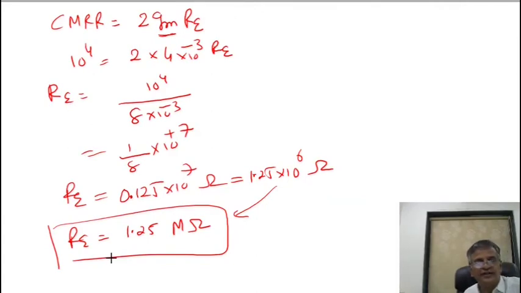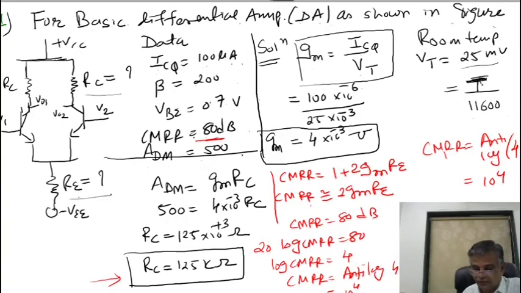This numerical comes in 3-4 marks questions. Understand? So what you have to remember here is that if they have not given the Vt, you accept 25 millivolt. First find Gm. ADM is given as 500.